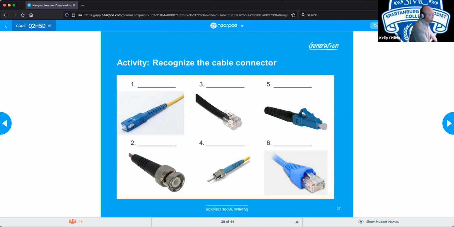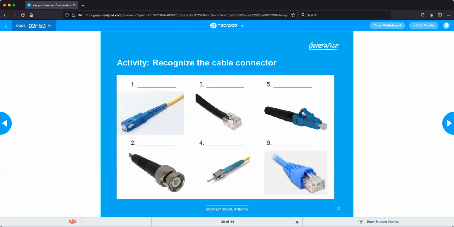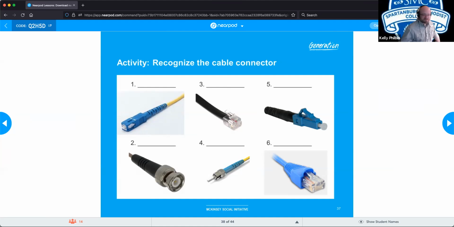Okay. Very good. What kind of connector does it have on it? Yeah, I don't know. You want to phone a friend? Yeah. All right. Who do you want to ask?